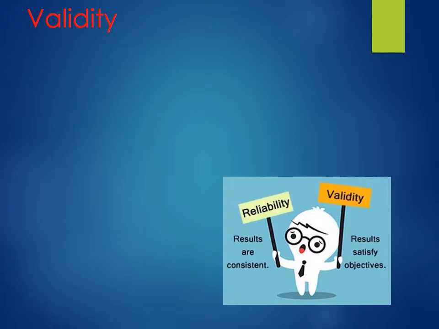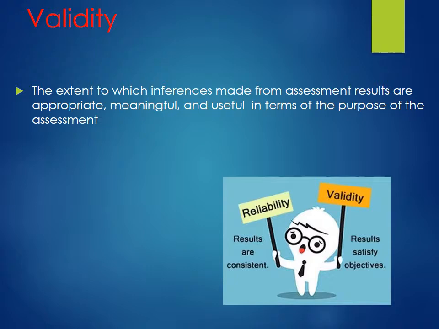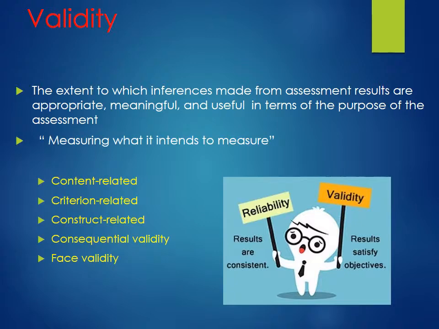Now let's move to the principle of validity. And essentially, validity asks us to question, does the test evaluate what we think it evaluates? So to the extent to which inference made from assessment results are appropriate, meaningful, and useful in terms of the purpose of the assessment.